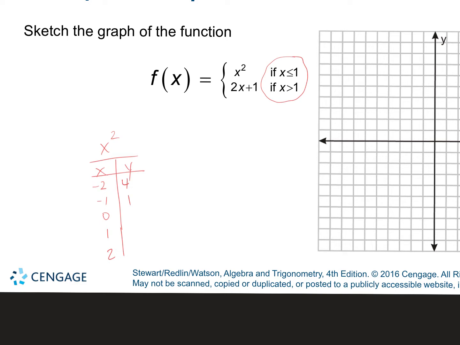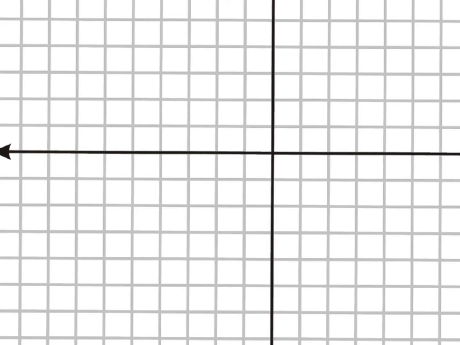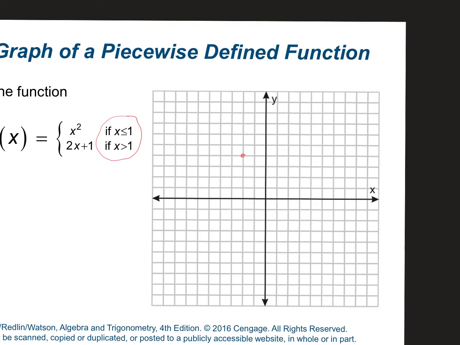If I plug in 0, what's 0 squared? 0. If I plug in 1, what's 1 squared? 1. If I plug in 2, what's 2 squared? 4. Okay. So if I was going to graph that, I have points at (-2, 4), (-1, 1), (0, 0), (1, 1), and (2, 4).